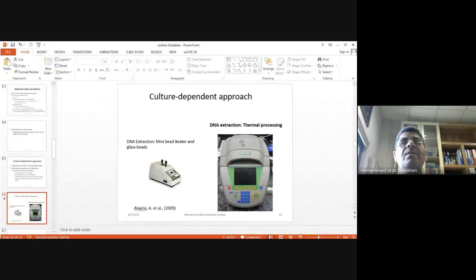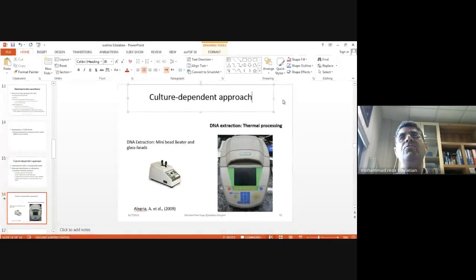Okay. In this slide, I want to explain for you the first step of the culture-dependent approach. In order to start, first of all, we should have a DNA extraction. To extract DNA from the colonies, we have two methods.